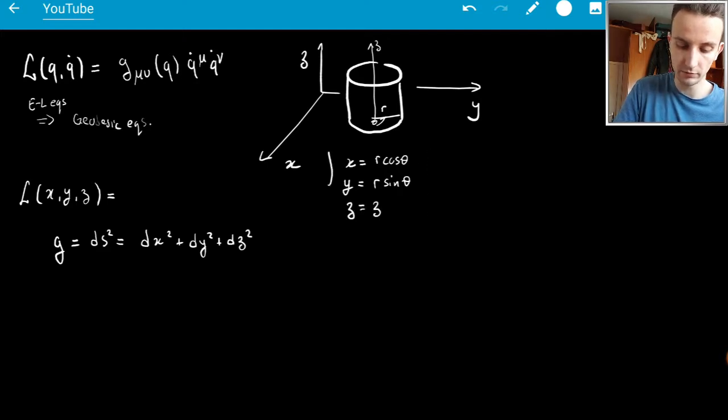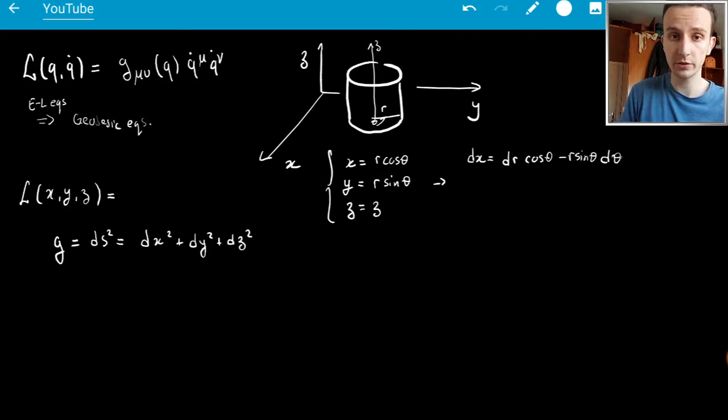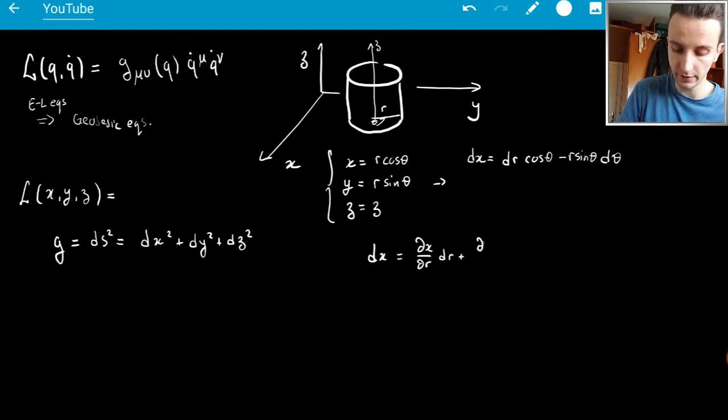So this is going to give us that dx is dr cos theta minus sine theta r d theta. I'm just differentiating, doing partial differentiation here. So dx is del x by del r dr plus del x by del theta d theta.